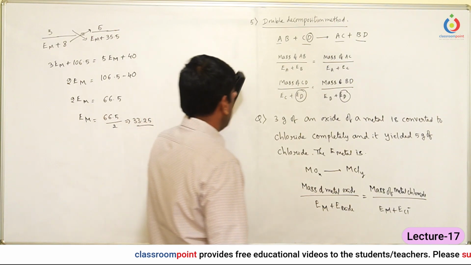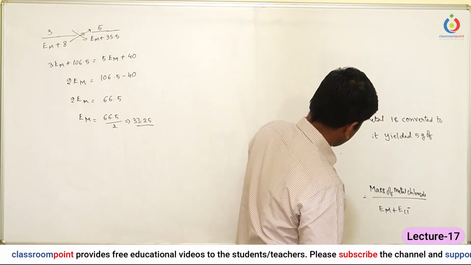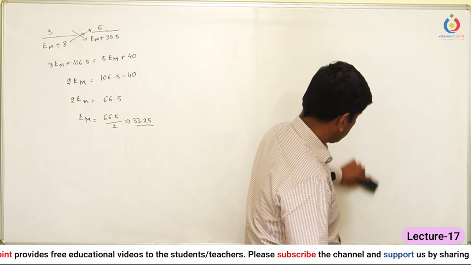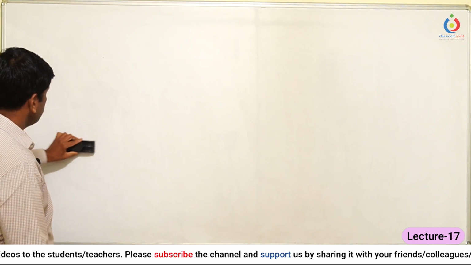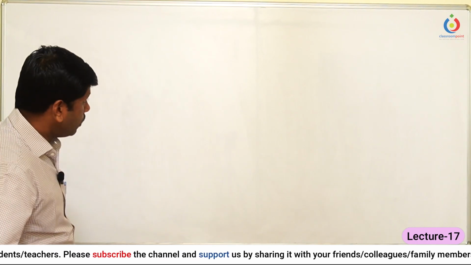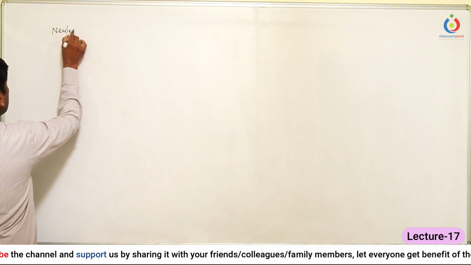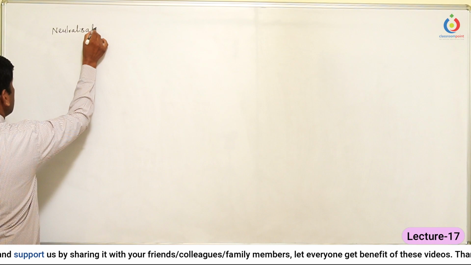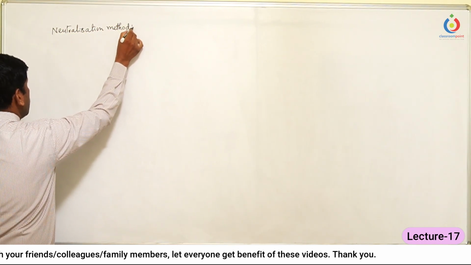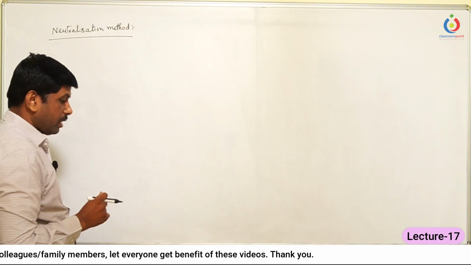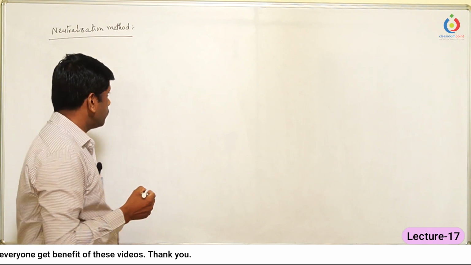Let's move on to another method. The next method is the neutralization method. In the neutralization method, we take the number of gram equivalents equal to normality into volume.